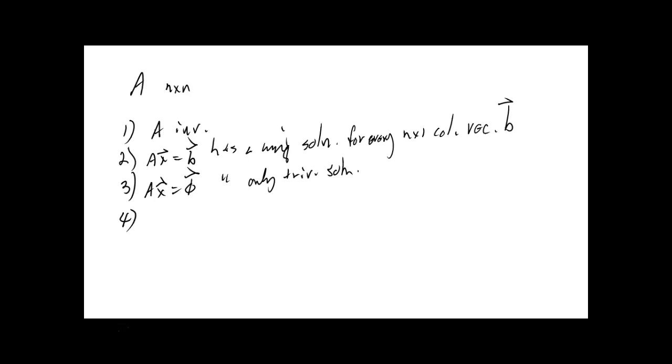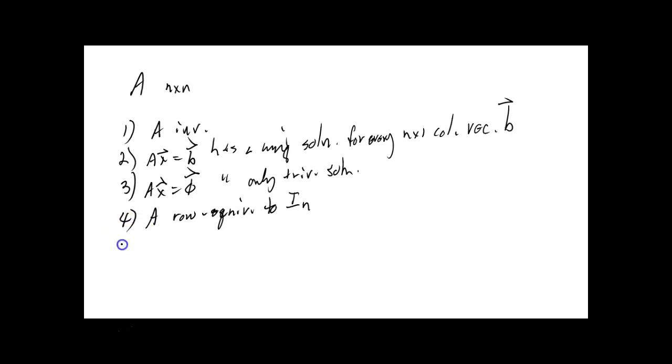Number 4, A is row equivalent to the identity matrix. And the identity matrix must be the n by n, or I sub n. That's one of the first ones we hit. I'm surprised that's not like 1 or 2 here.